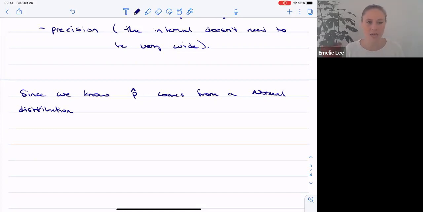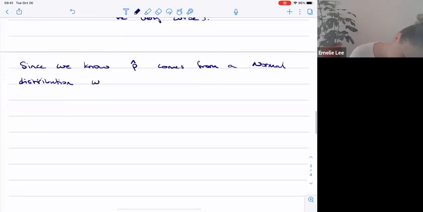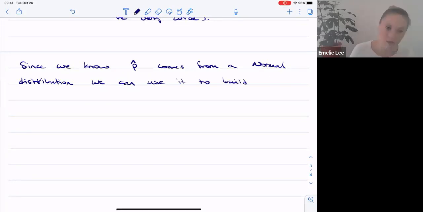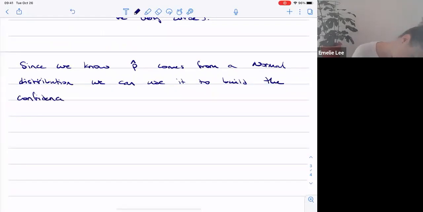So since we know p hat comes from a normal distribution, we can use it to build the confidence interval. Okay.